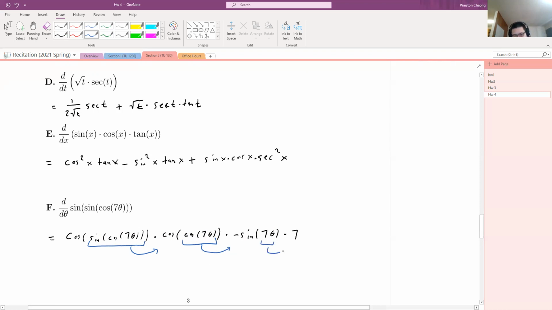And then lastly, we have that function, which gives us the 7. So this is kind of the way I'm visually seeing the derivative. Like this is how I'm visualizing the chain rule process, is I'm unwrapping the functions.